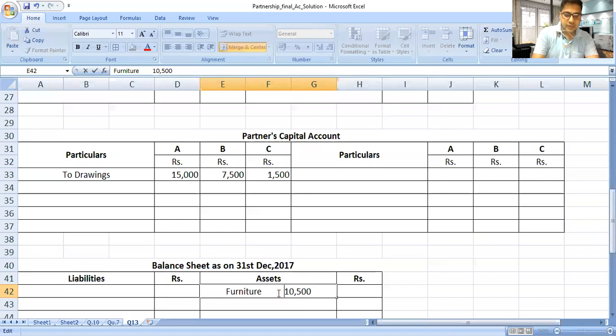Now, this adjustment they have provided is depreciation. So we will deduct the depreciation value. How much depreciation have they provided? It is 10%. We have to charge 10% depreciation. So how much will come? 1,050.